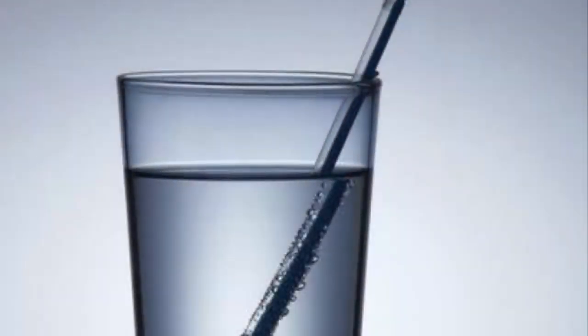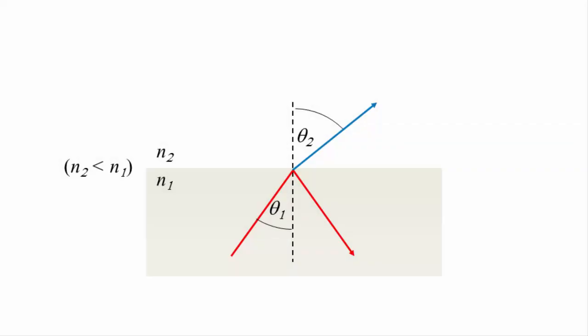This change in the speed of light, when it travels between media with different values of the refractive index, is responsible for optical effects and illusions, such as why objects in water appear to be closer than they really are. Another interesting effect, called total internal reflection, can occur when light attempts to move from a medium of a high index to a medium of a lower index.